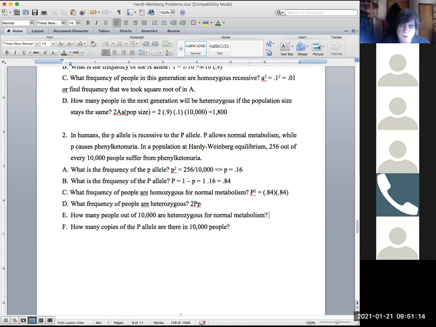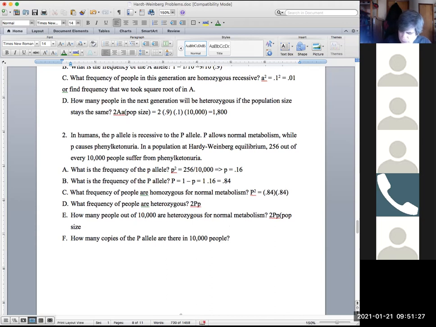How many people out of 10,000 are heterozygous? Well, it's going to be our frequency of heterozygotes times the population size. How many copies of the big P allele are there in 10,000 people?